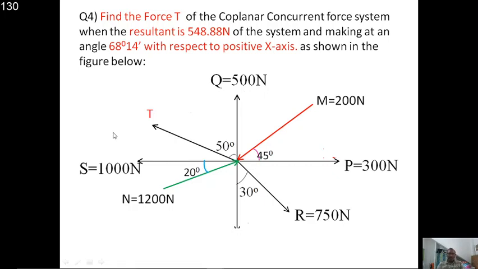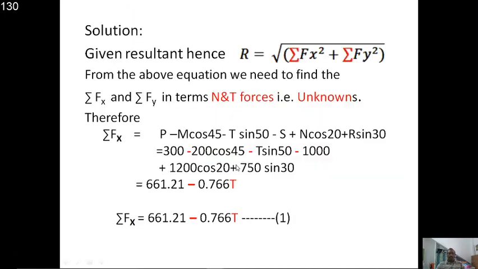The process is the same. You have to get the sigma f of x and sigma f of y, by putting t in the same equation. Sigma f of x is the same equation you got earlier, but while solving, all the values are replaced except t, because t is unknown.